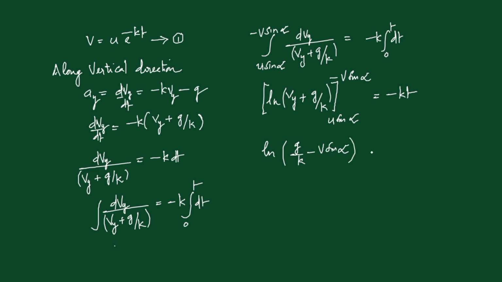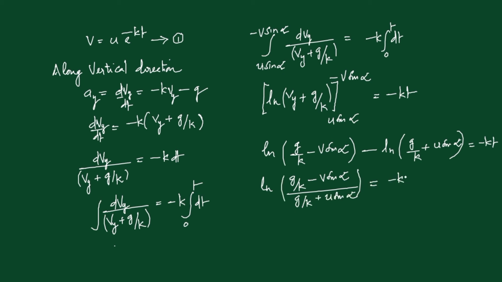So you can rewrite it as natural log of (g by k minus v sin alpha) minus natural log of (g by k plus u sin alpha) is equal to minus kt. We can rewrite it in the log a by b form. So natural log of (g by k minus v sin alpha) divided by (g by k plus u sin alpha) is equal to minus kt.